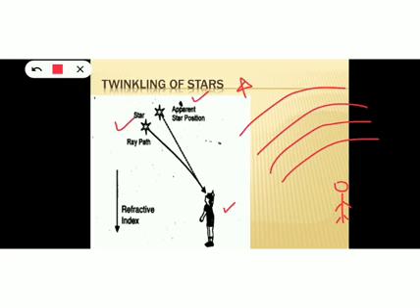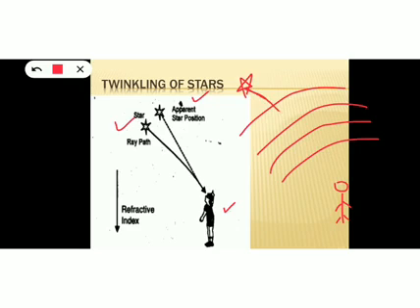So here is our actual star, and the light from the star enters the atmospheric layers, and due to the difference in density of the atmospheric layers, because different layers of atmosphere have different density, the light ray coming from the star undergoes refraction, and due to the refraction it bends its path and finally reaches the observer's eye like this.